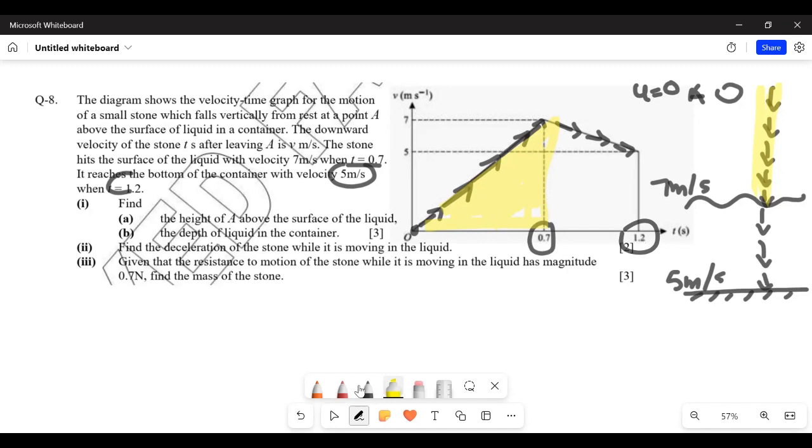So let's use the area option. For part 1, A, I'm using the area of this triangle. So half times base times height, which is 2.45.